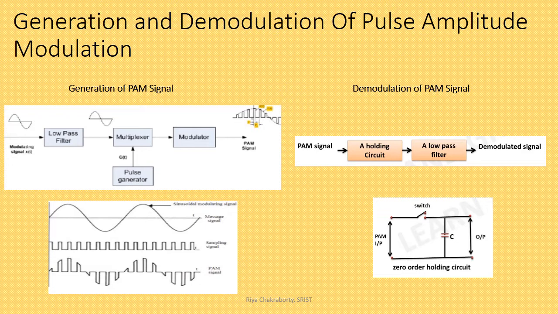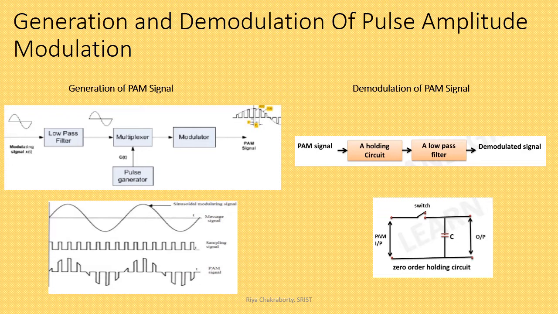For pulse amplitude modulated signals, the demodulation is done using a holding circuit. The figure shows the block diagram of a PAM demodulator. In this method, the received PAM signal is allowed to pass through a holding circuit and a low pass filter, as shown in the figure.